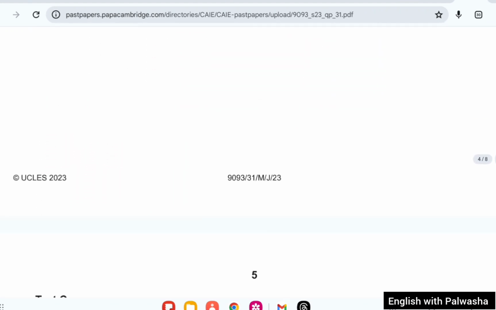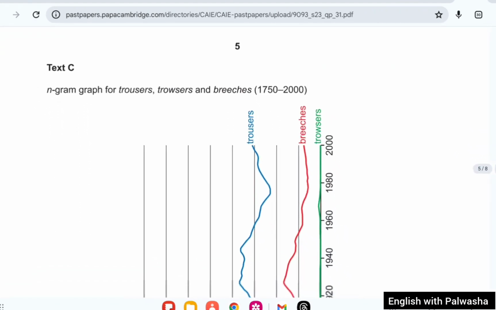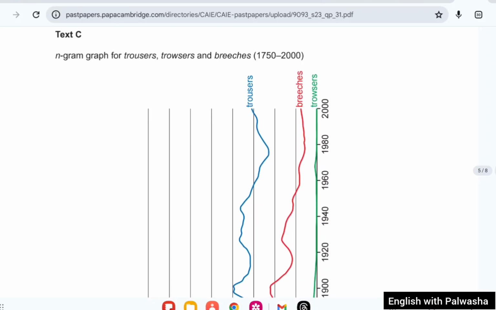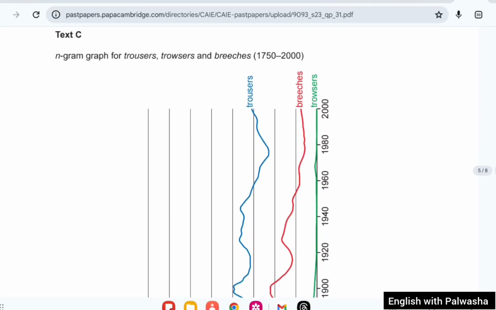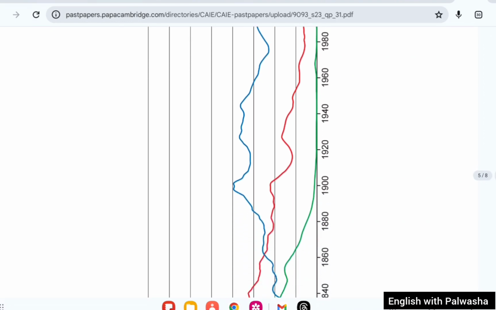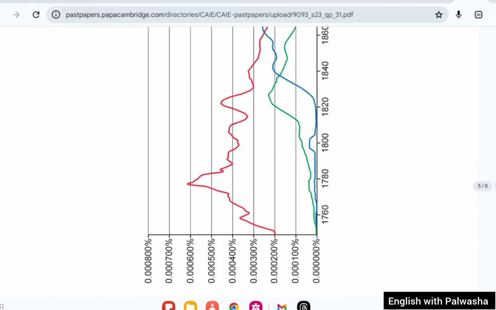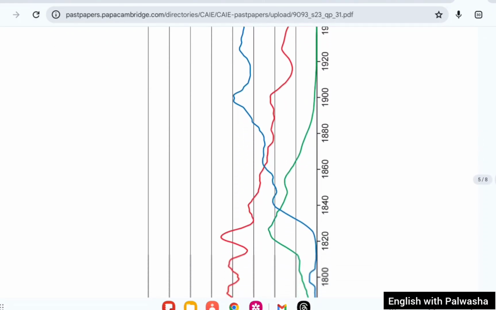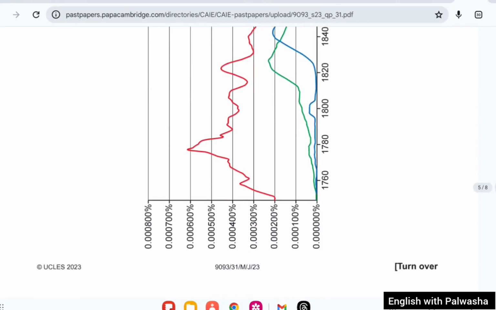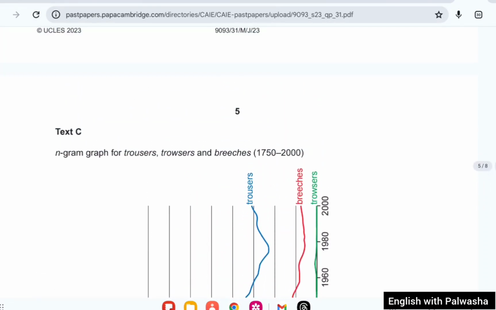And apart from that, there is Text C, the n-gram graph. Two words might be given in the collocations of the n-gram graph. There might be adjectives or verbs given, and they will show you in the n-gram graph how the words have changed, what the fall of this word was and where the rise of that word begins. So this is how it is, right?